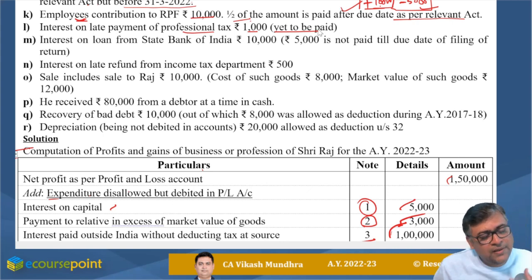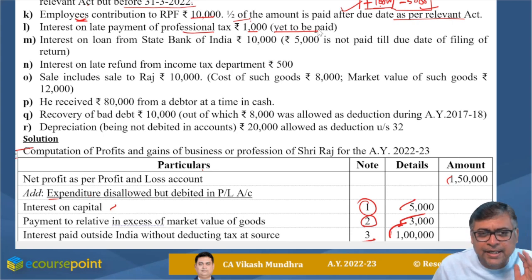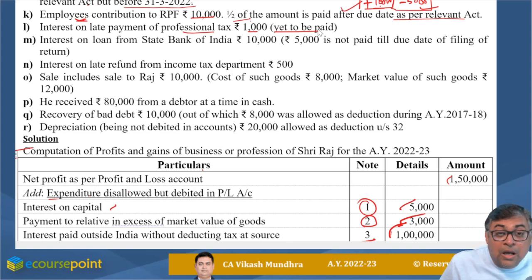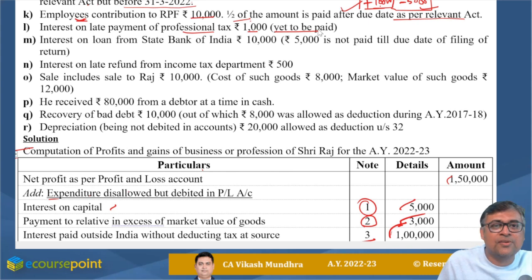This is my opinion. If you think otherwise, add back. I am thinking that this should not be added back. If this is not tantamount to penalty, hence this is not disallowed. If you think this is disallowable, please add it. However, interest for the purpose of payment of income tax should surely be disallowed under section 40A. Professional tax is not an income tax.